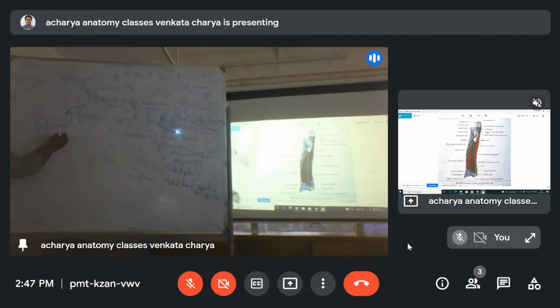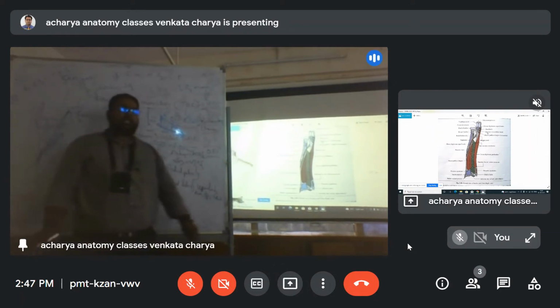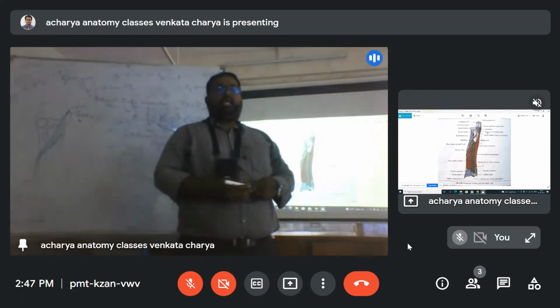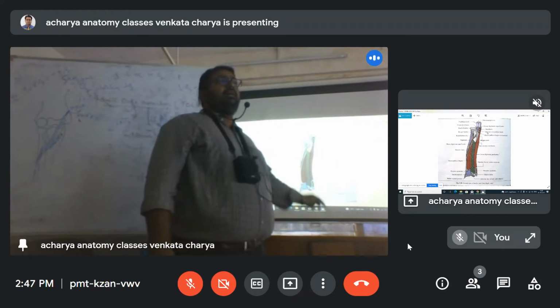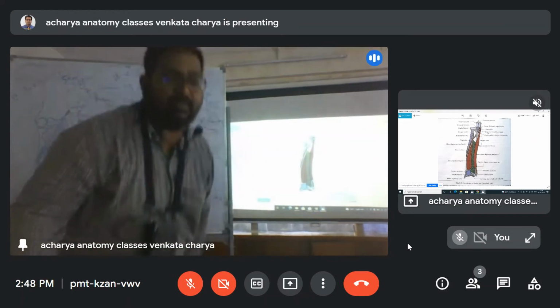Then the next one is the ulnar head, which originates from the ulna. Are you getting? Then finally it is inserted into the lateral surface. So this muscle we call the pronator teres muscle. So in the lateral surface there are 2 muscle insertions: number 1 is the supinator muscle, and number 2 is the pronator teres muscle.